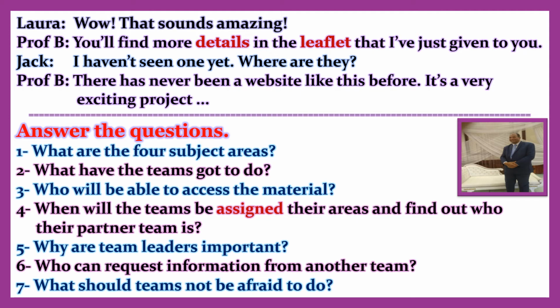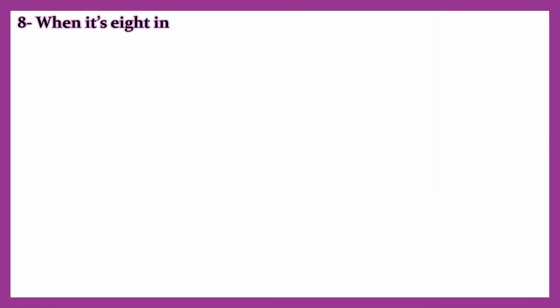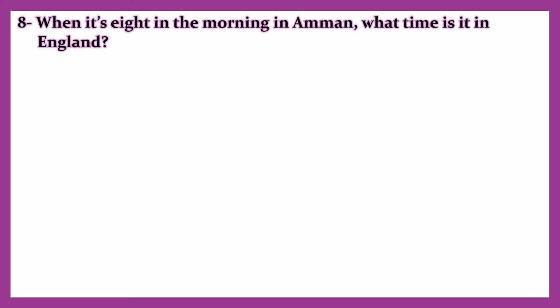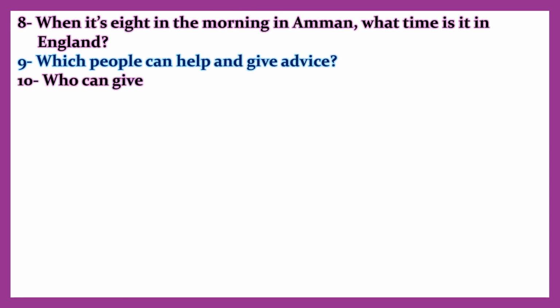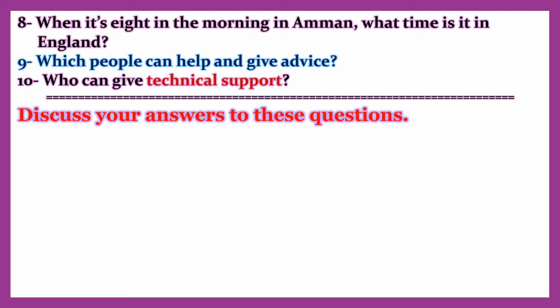Who can request information from another team? 7. What should teams not be afraid to do? 8. When it's 8 in the morning in Oman, what time is it in England? 9. Which people can help and give advice? 10. Who can give technical support?